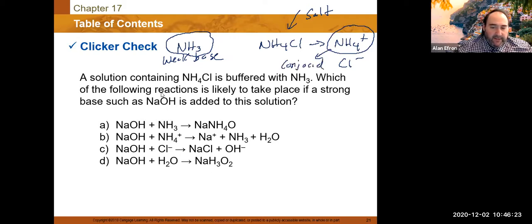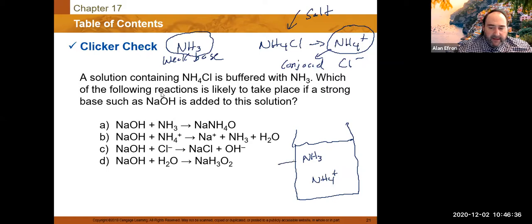Really, the chloride has no effect on anything. It's just floating around to balance out the charge. Those two things floating around in this solution make up the buffer. Again, this is the base part of the buffer, and this would be the acid part of the buffer.